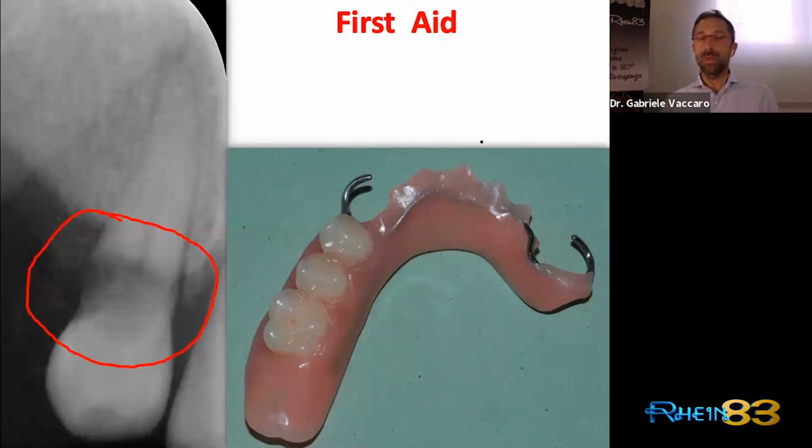One solution could be to extract everything, extract the root, and put the clasp on the canine, on the forward remaining sound tooth. This is the classical and traditional approach.